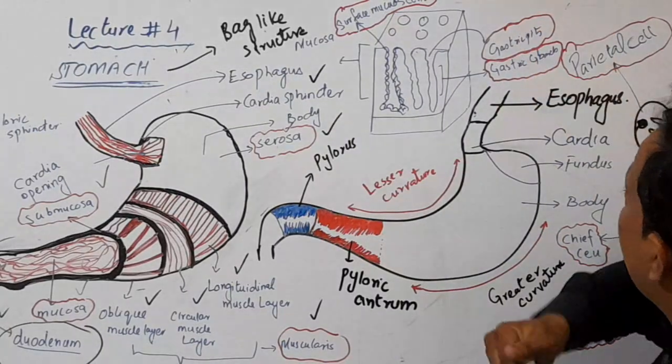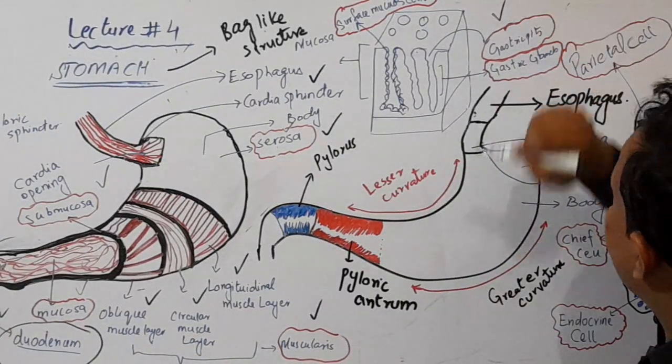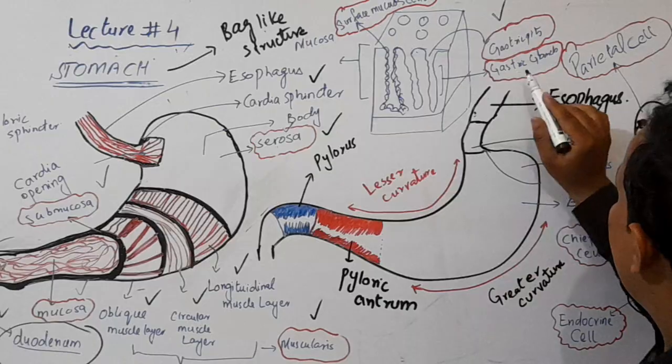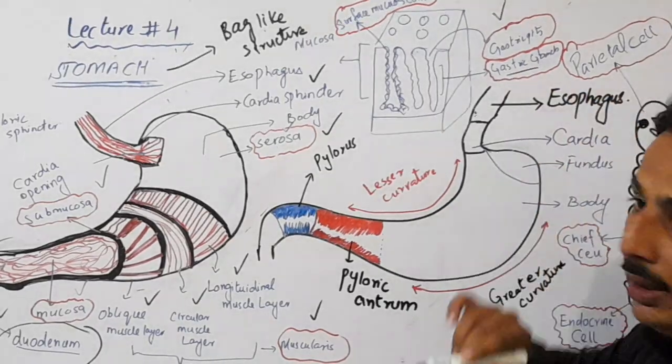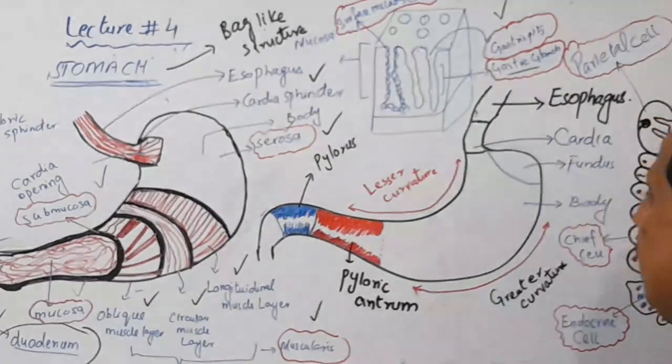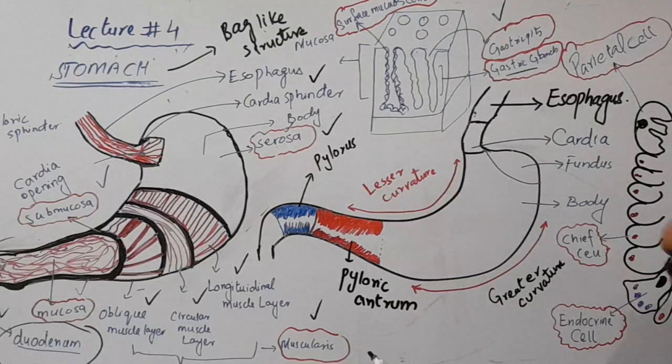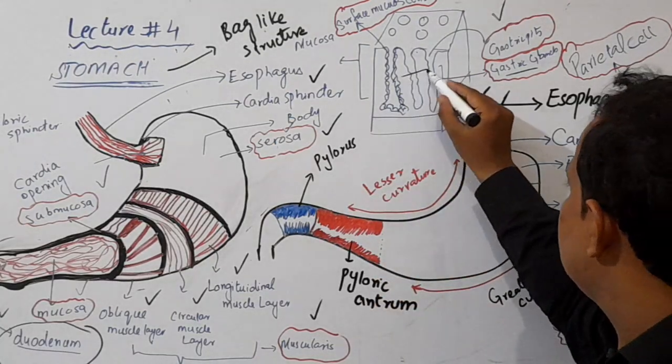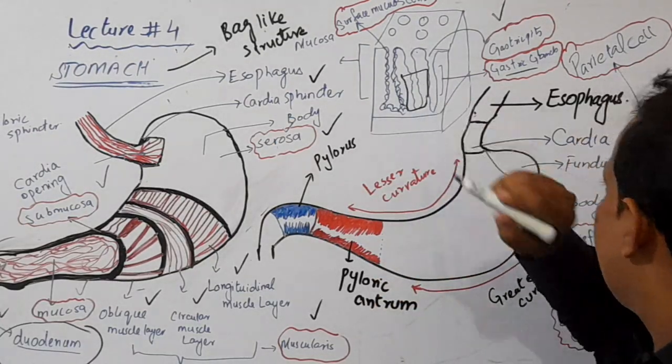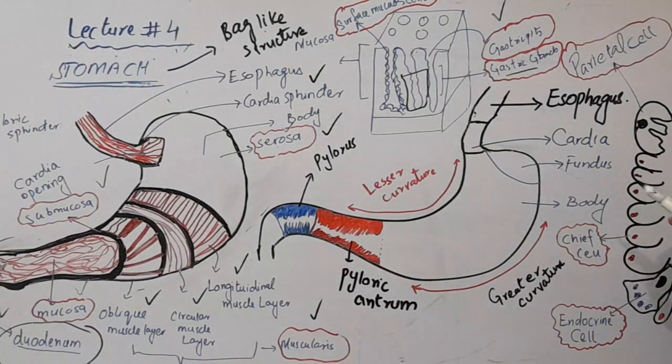Here are certain pits, called gastric pits, and there is a gastric gland inside. If we broaden this picture to see what is present inside these gastric glands, there are three types of cells.